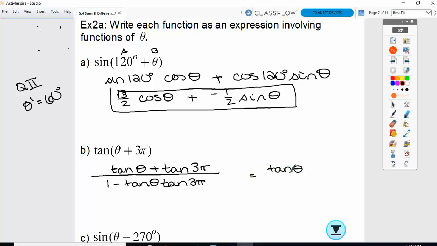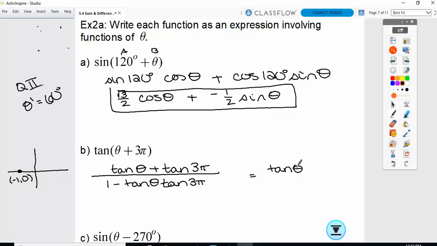What would we do about this tangent of 3 pi? Okay, you can change it into degrees if you're more comfortable there, or you can recognize it's bigger than all the way around the circle, which is 2 pi. So 3 pi minus 2 pi is pi, so we're right here.